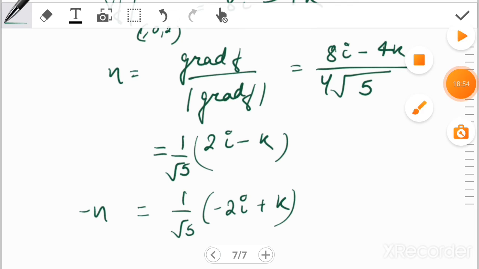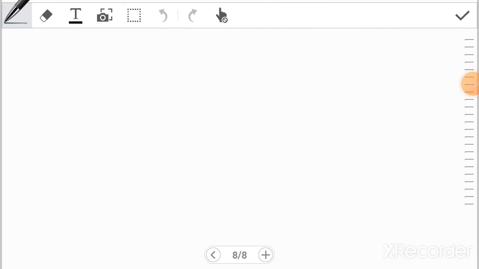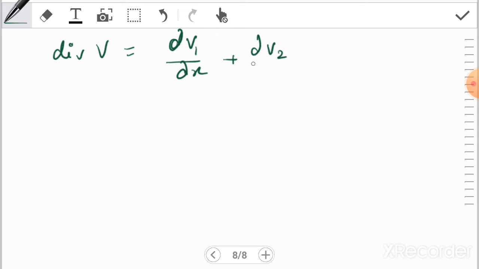So next is divergence and curl of the vector. Divergence v is defined as del v1 by del x plus del v2 by del y plus del v3 by del z.